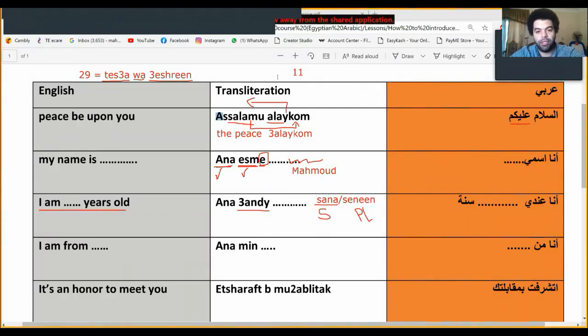So if you ask a child, how old are you? And he's 5, he will say, خمس سنين, خمس سنين. But once he turns 11, he's going to say 11 سنة.